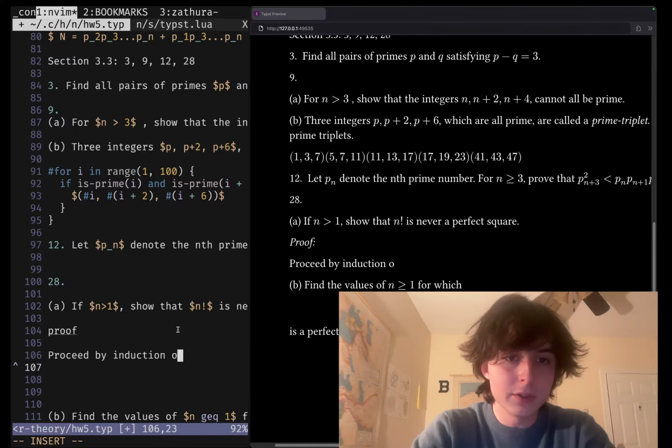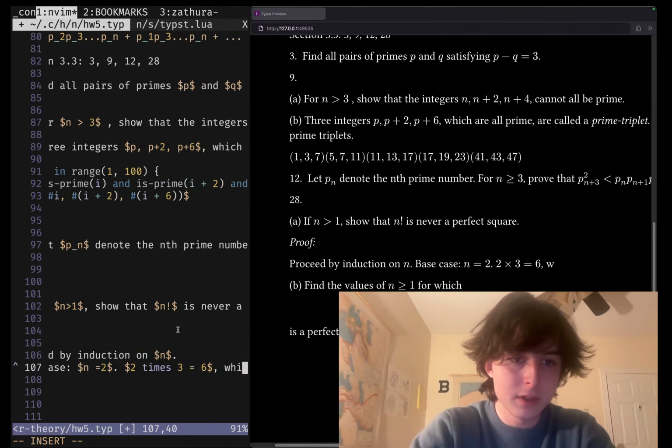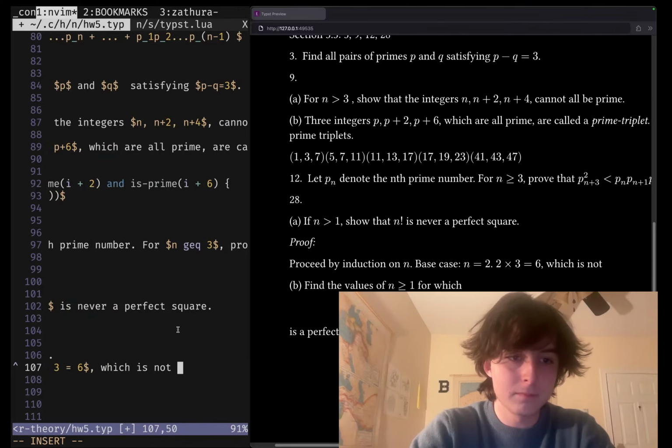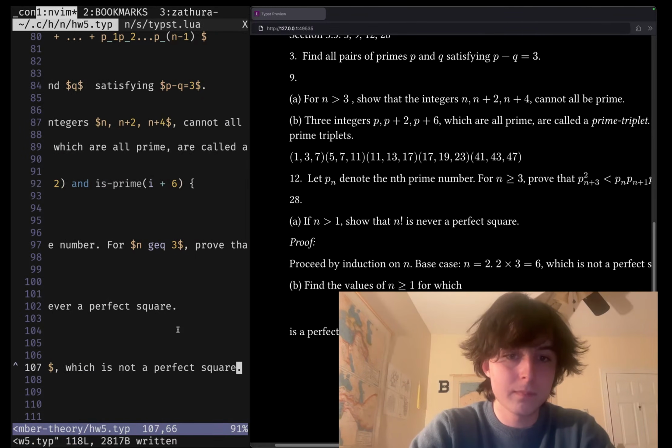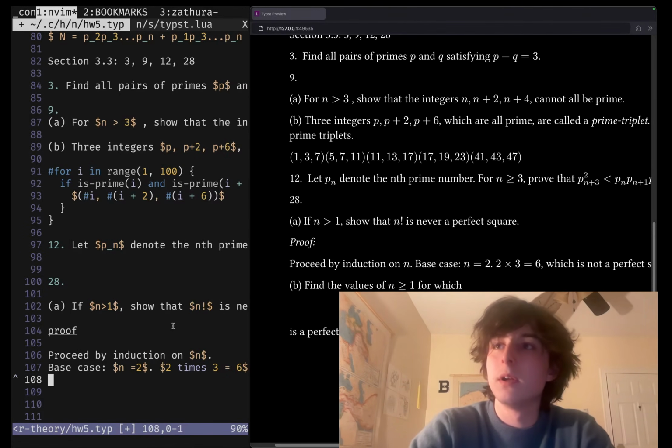Proceed by induction on n. Base case: n equals 2. 2 times 3 equals 6, which is not a perfect square. Inductive step.